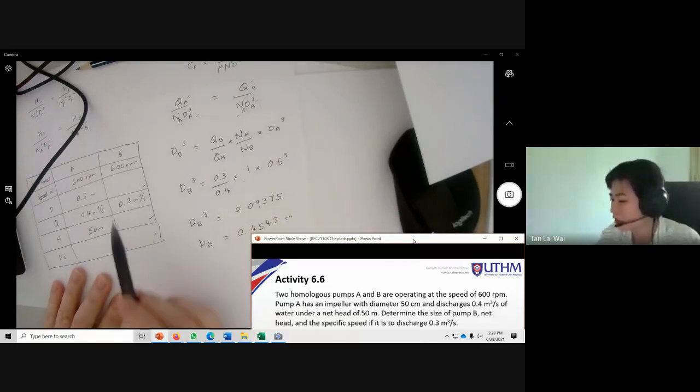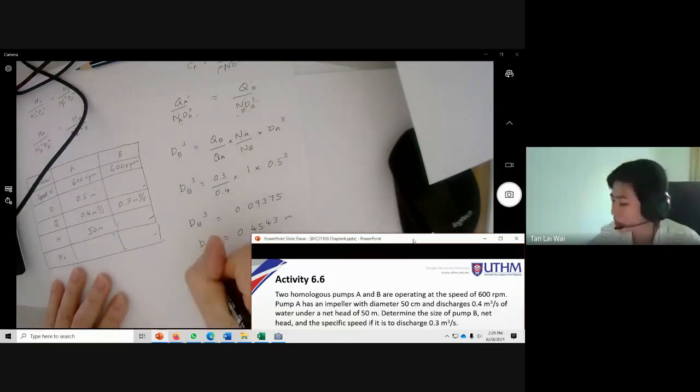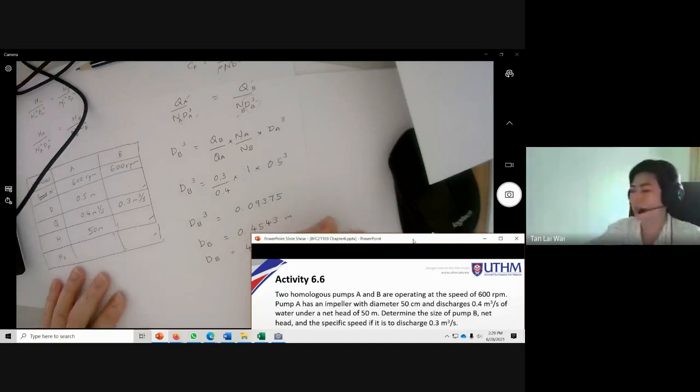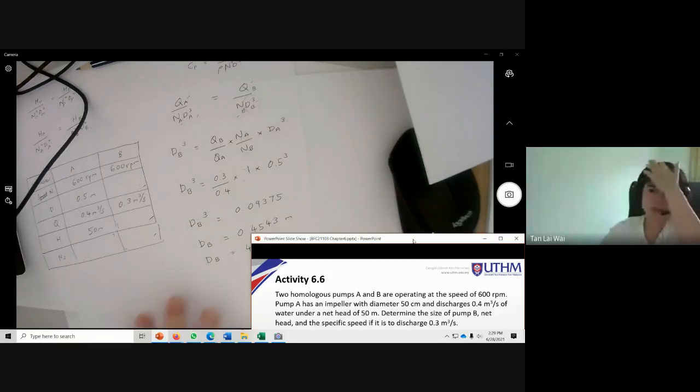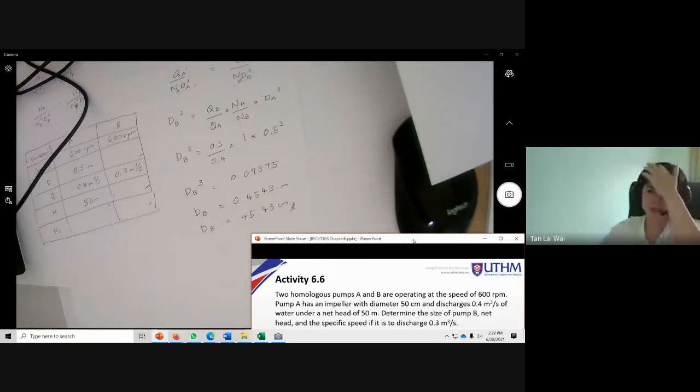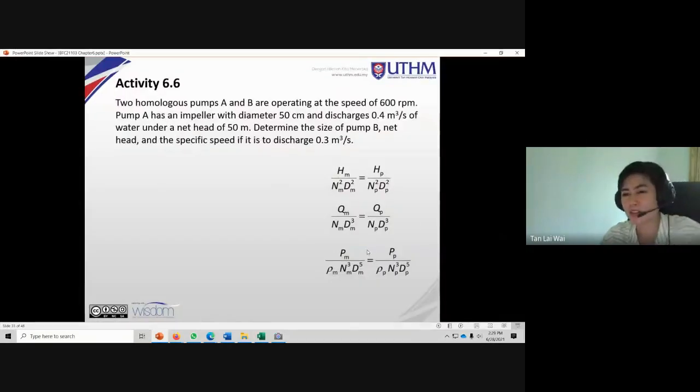If the question asks for centimeters, you could also write this in centimeter. That's it. It's simple, quite straightforward.